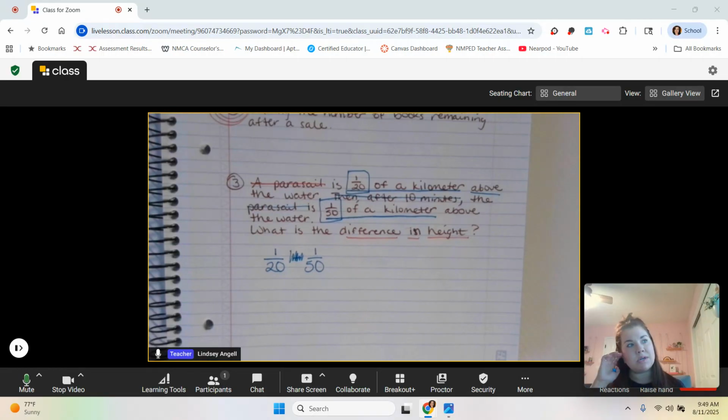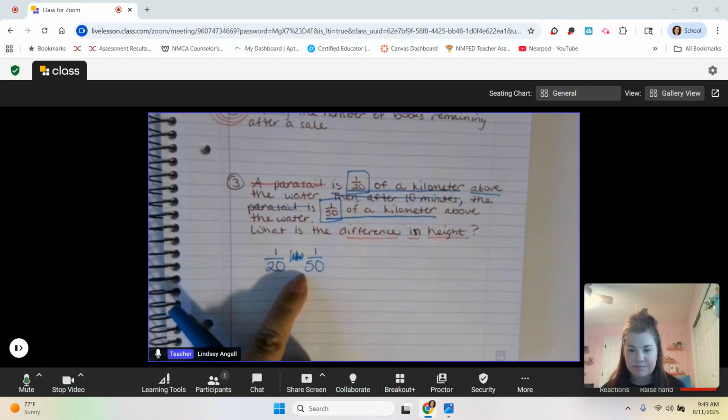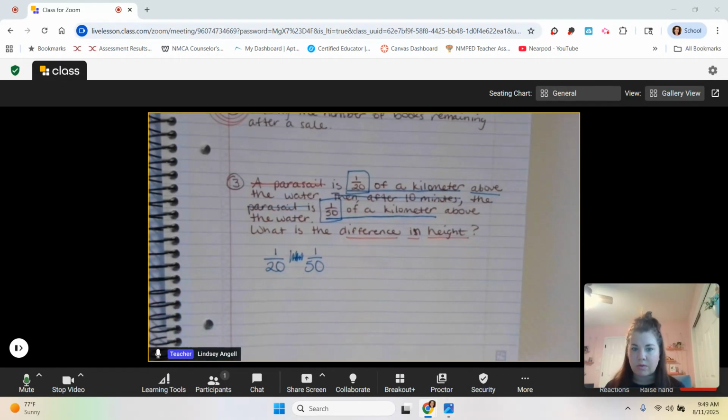So we need to think to ourselves, okay, well, can 20 go into 50? No, not evenly, right? So I can't just use one of the other denominators to find the common one. I need to actually find one for both of them. So if you can think of a number that they both go into, awesome. You could also write a list.